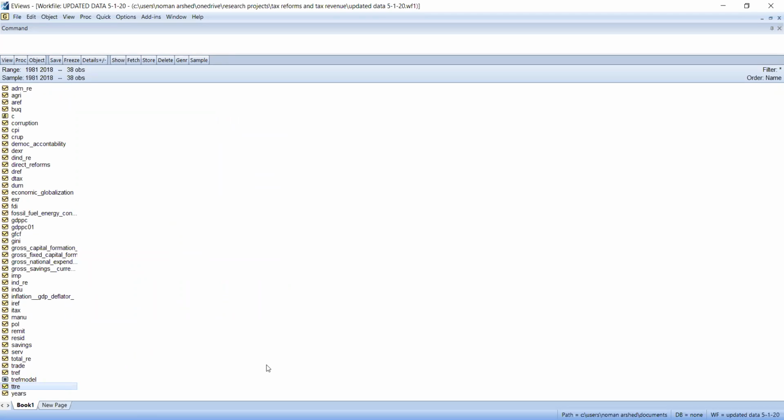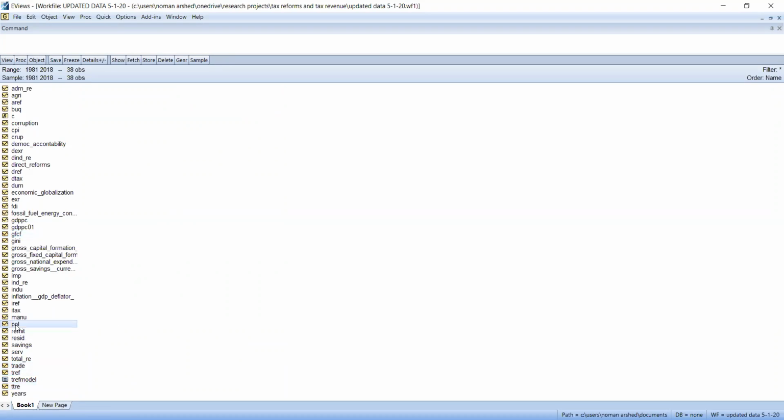Second is for your cointegration test. First of all, you need to check the lag order criterion. So we'll select the variables, the total tax revenue, tax reform. I will select the trade openness, and also I will select some other variable like GFCF, and let me see if there is any other important variable that can be used.